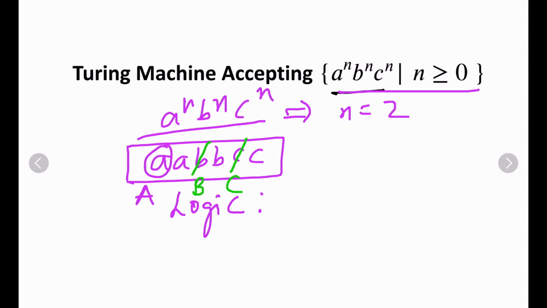Then again keep moving to the left and keep searching for the second a of this string, which I can make capital A, and move on to the right side.